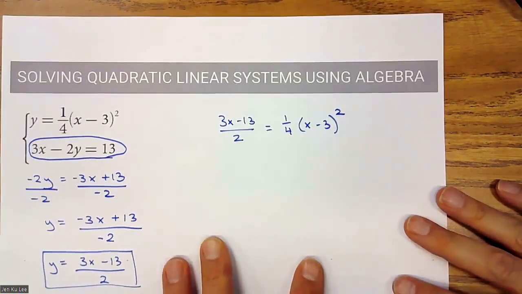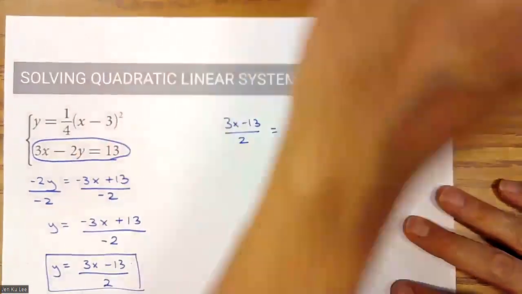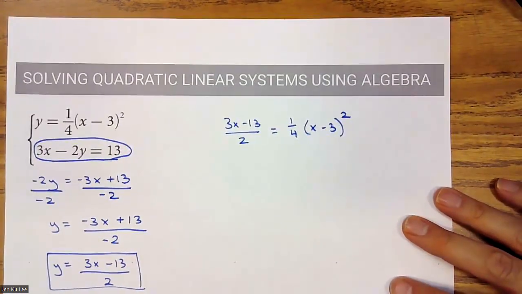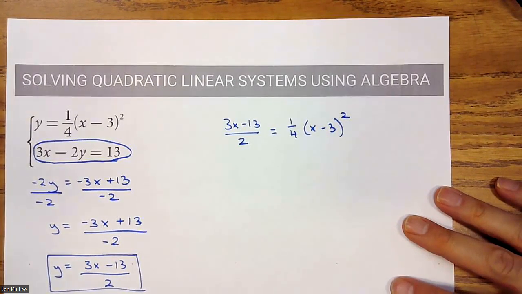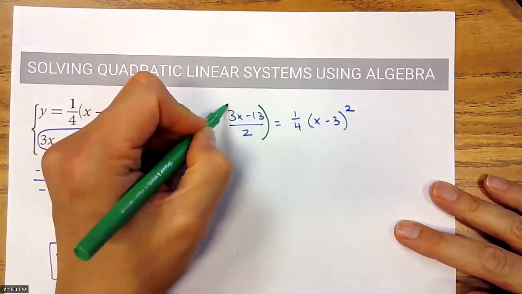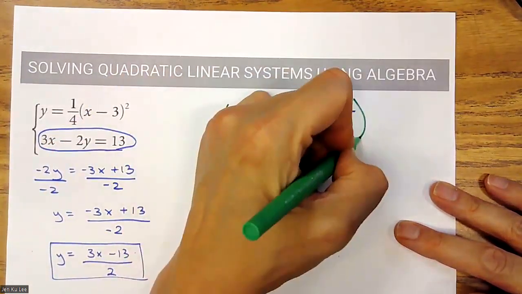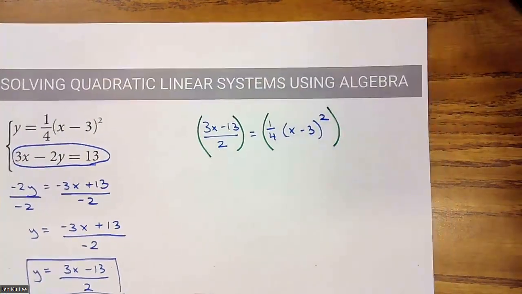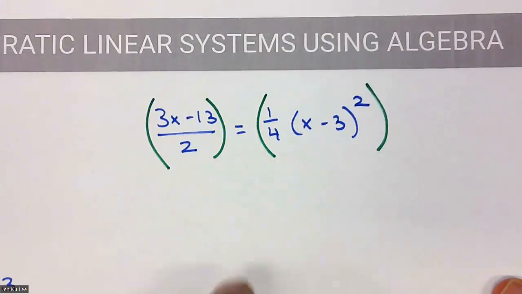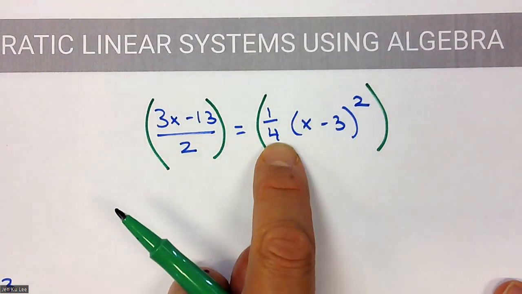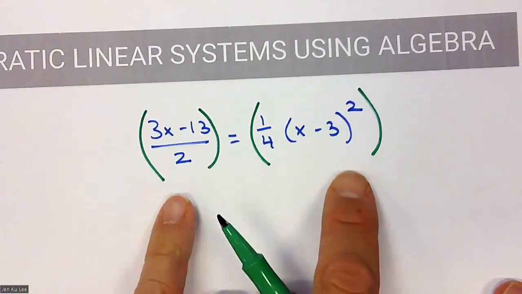And personally, I do not want to deal with any fractions. I just don't like fractions, and they invite common mistakes to our process. So I want to get rid of the 2 and I want to get rid of the 4. What am I going to multiply on both sides to get rid of both?